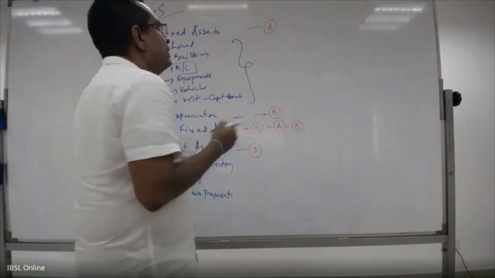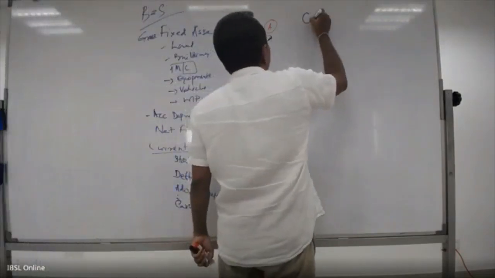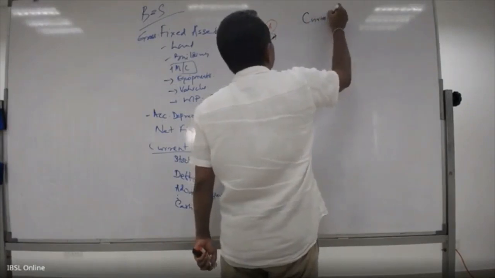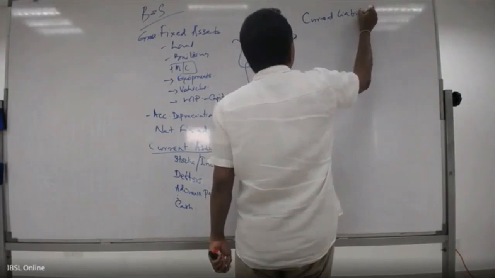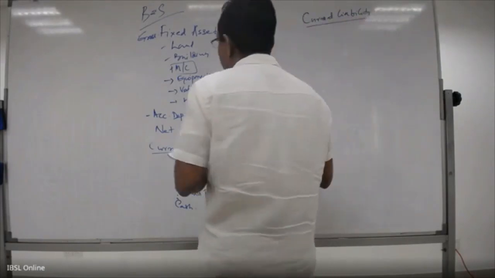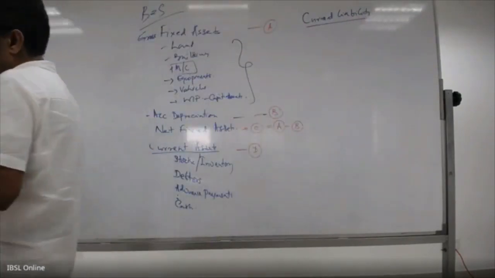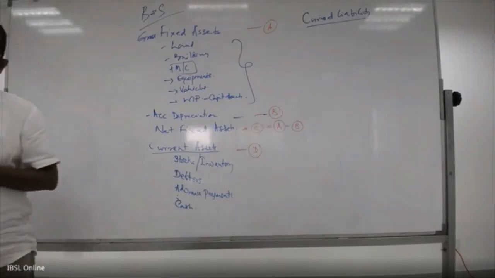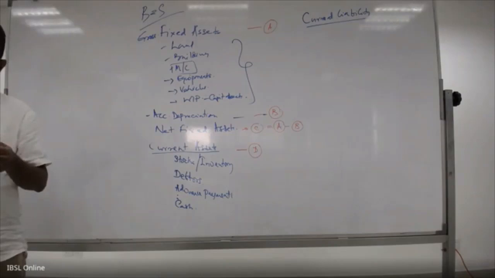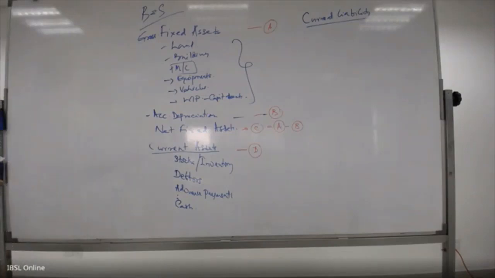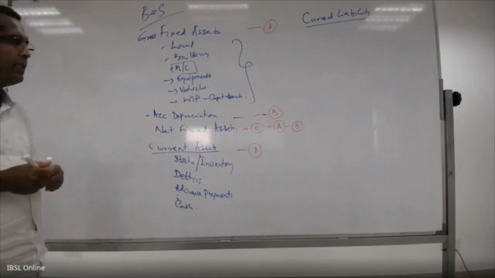Then we have current liabilities. Any liability which needs to be settled within a 12-month period is called current liabilities, right?